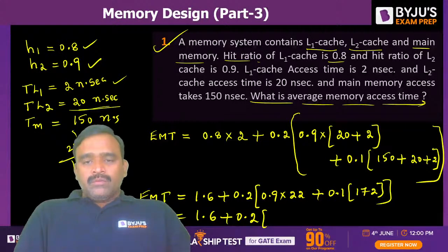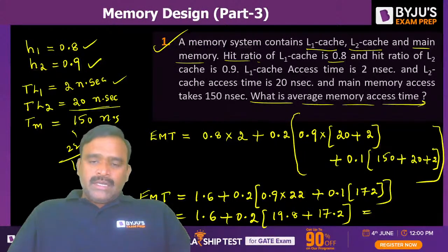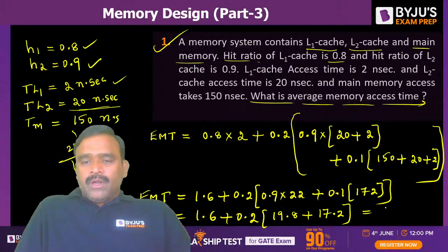So what is 0.9 into 22? 0.9 into 22 is nothing but 19.8. 19.8 plus 0.1 into 172, so it is 17.2. So 19.8 plus 17.2, it is 37. 1.6 plus 0.2 into 37.